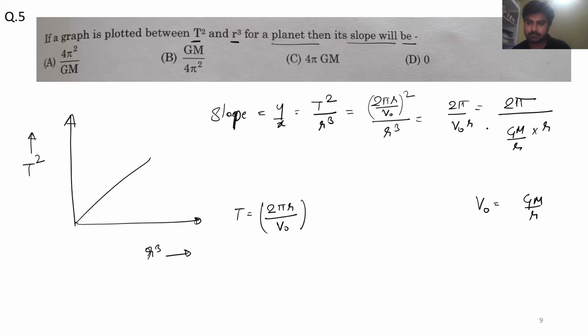I got confused. So v naught square, the orbital velocity squared, is gm by r.